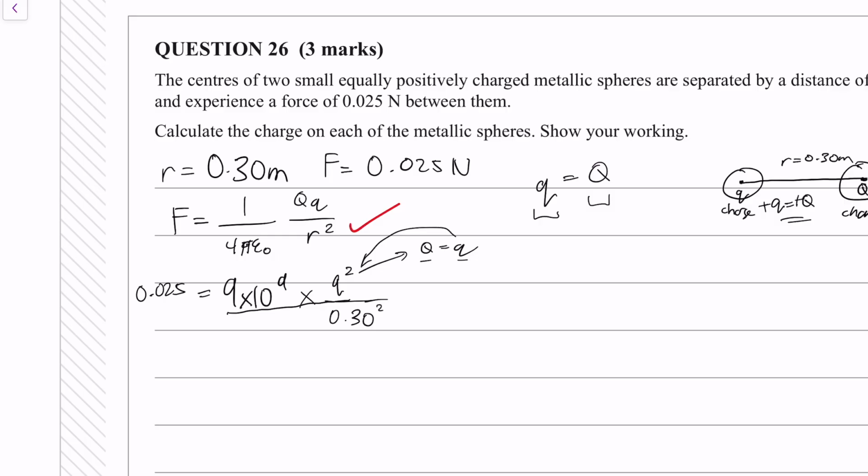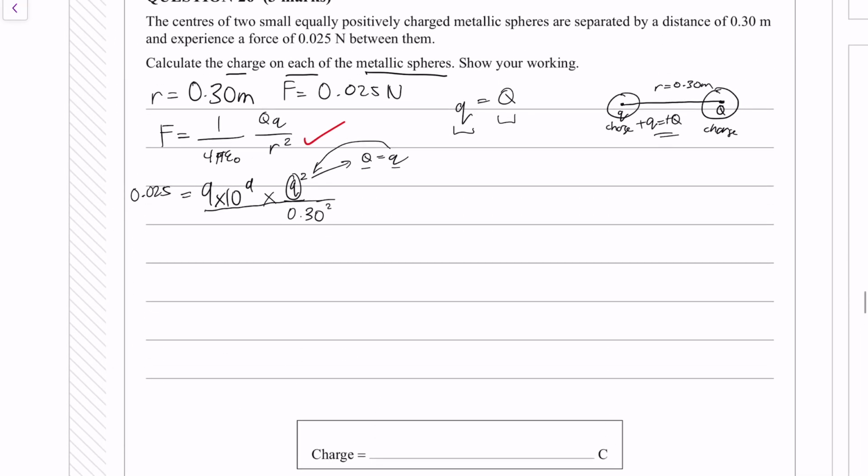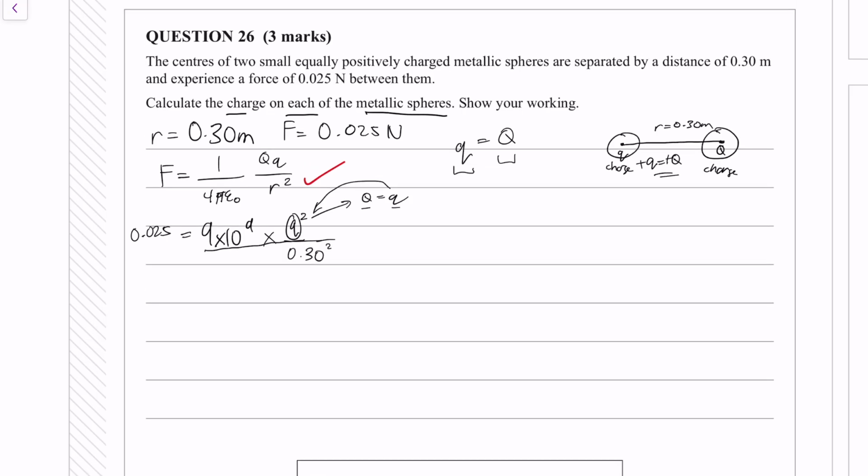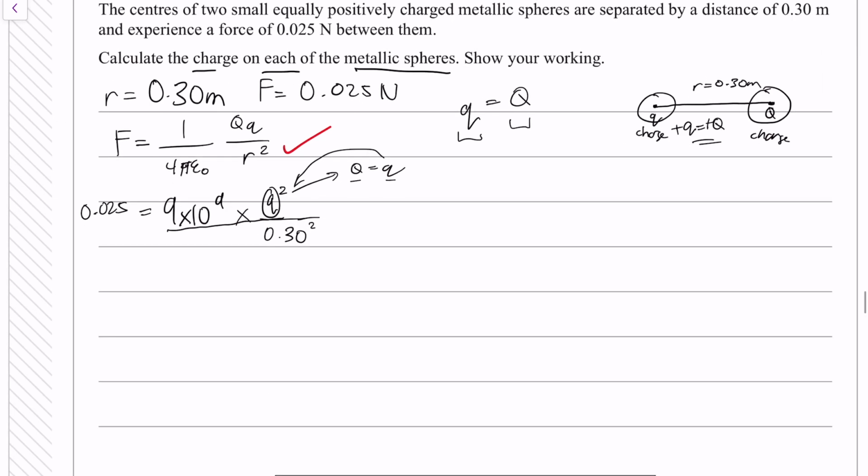The reason we can do that is because once we find one of the Q's, we know that it's going to be exactly the same as the other Q. That's why we have to calculate the charge on each of the metallic spheres, and there's only one answer box. They're not going to be different, they're going to be the same, and so we can combine them and pretend they're both the same Q value, because they are.